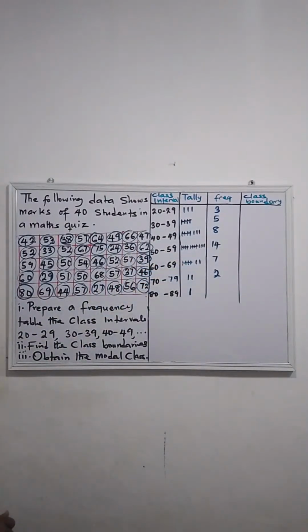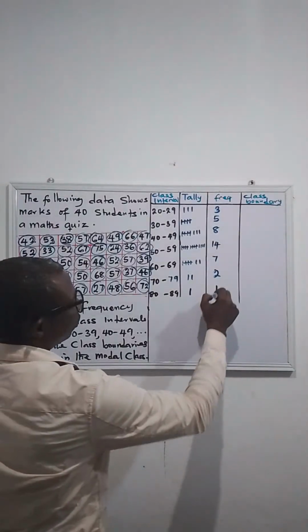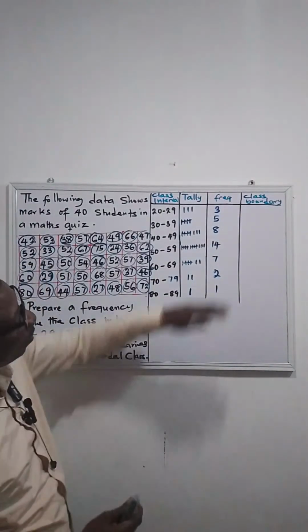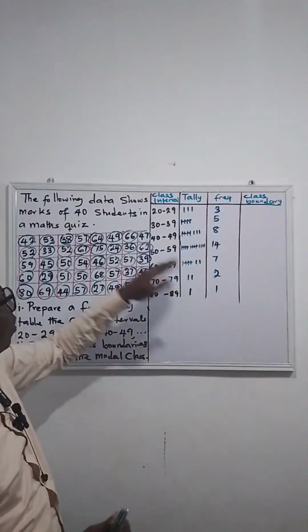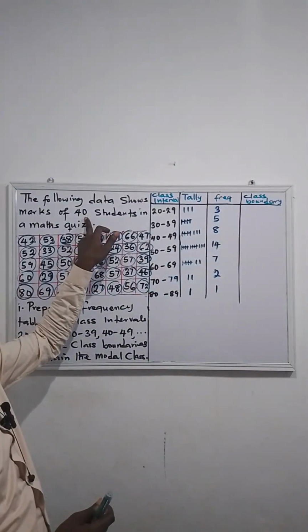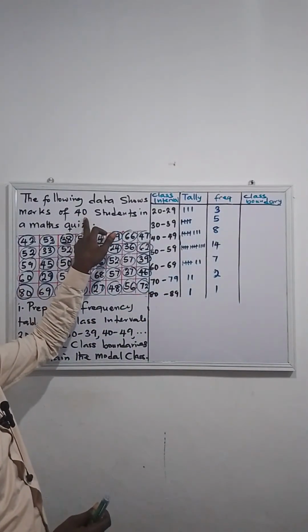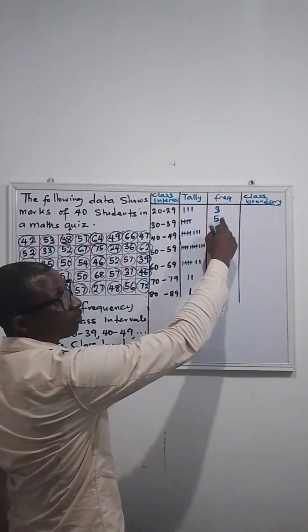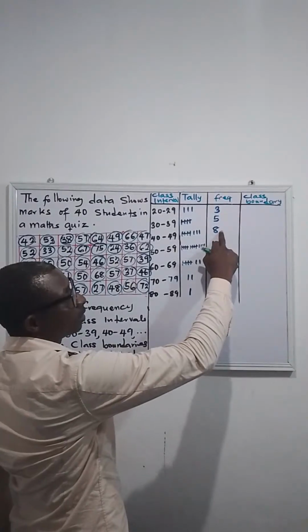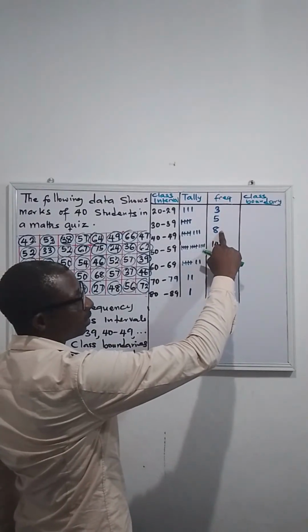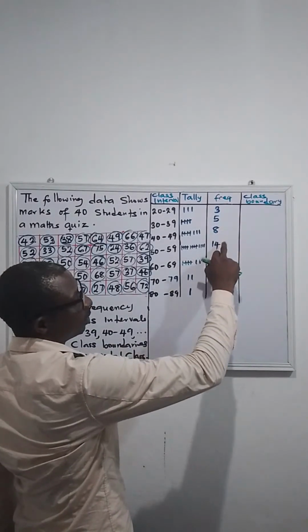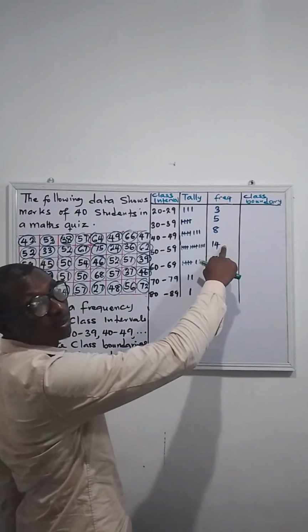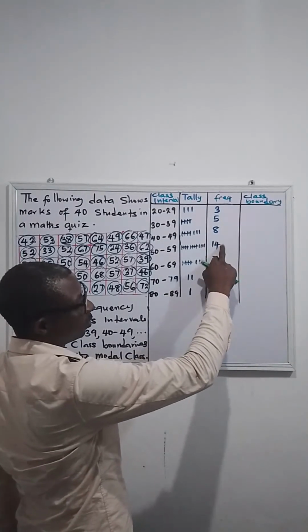Now let us add everything together. By the time you add all the numbers together, it must add up to 40, because we have 40 students. So 3 plus 5 is 8. 8 plus 8 is 16. 16 plus 14 is 30.